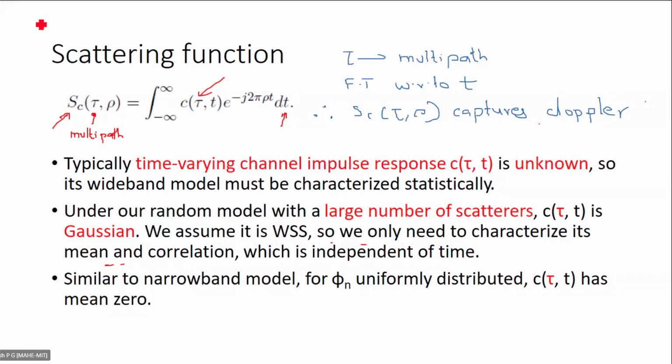Because if we transmit one component, after some time tau it is received at the receiver: tau 0, tau 1, tau 2, etc. So tau describes the multipath components. And rho describes the Doppler effect, which is due to the relative motion of the transmitter or receiver.